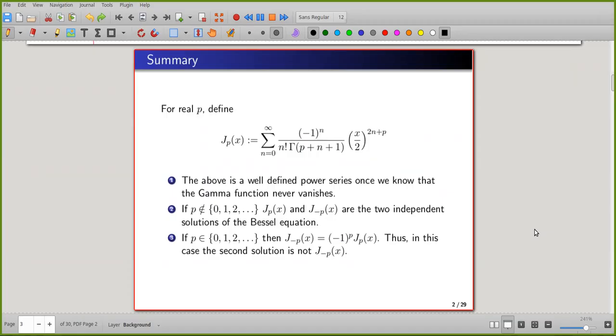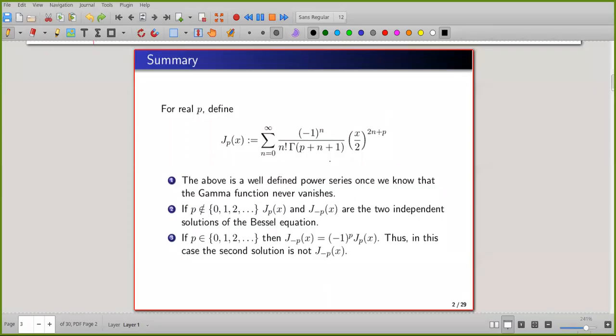For any real number p, we define J_p(x) to be the summation, n going from 0 to infinity, of (-1)^n over n factorial times this gamma factor, times (x/2) to the power 2n plus p. The above is a well-defined power series once we know that the gamma function never vanishes.